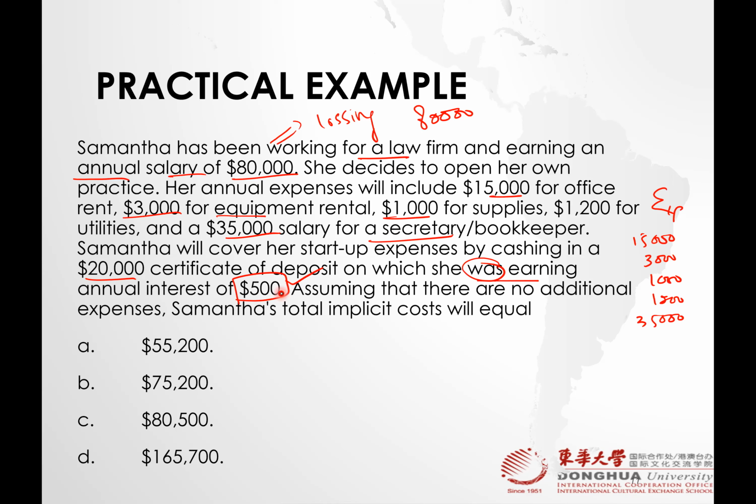When she cashed out, she would be losing this opportunity. So in that case, 80,000 plus that 500 totaled. The answer is C, which is 80,500.